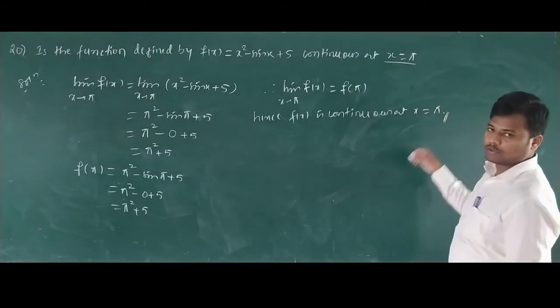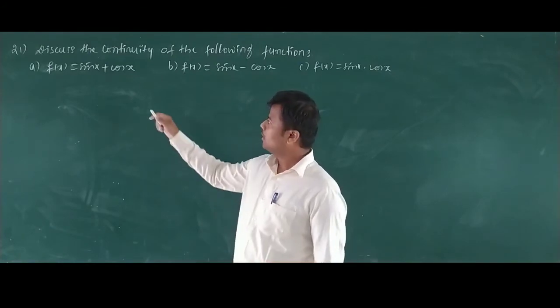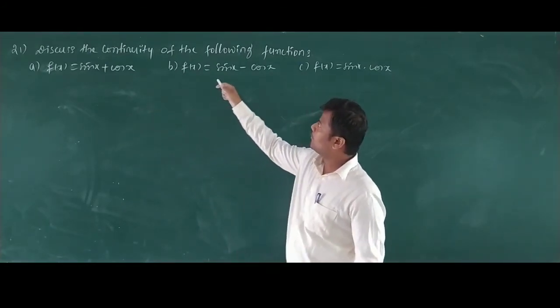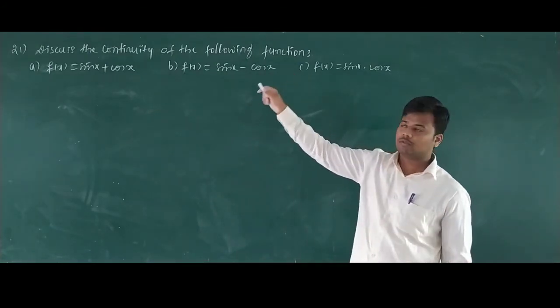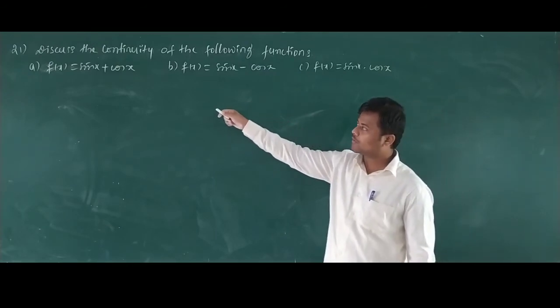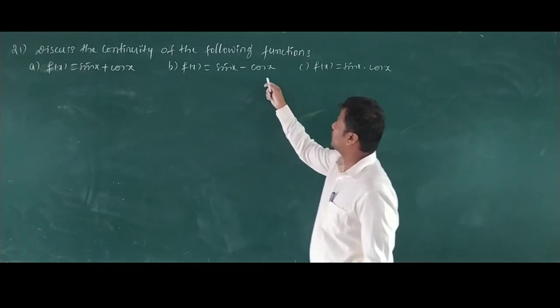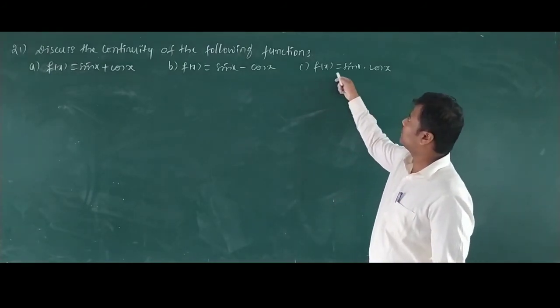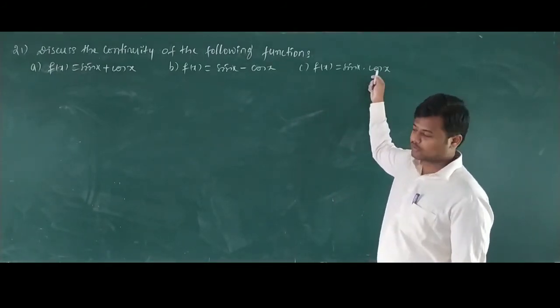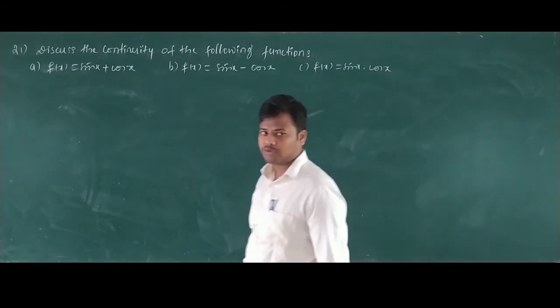Okay. Now next question. Discuss the continuity of the following functions. (a) f of x equal to sin x plus cos x, (b) f of x equal to sin x minus cos x, and (c) f of x equal to sin x into cos x. So we already studied theorem 1.